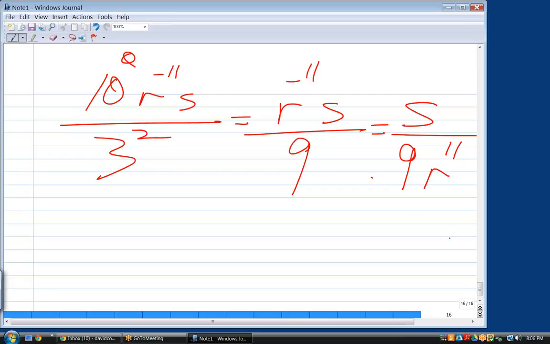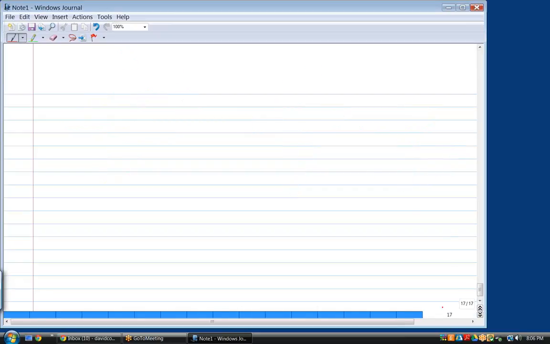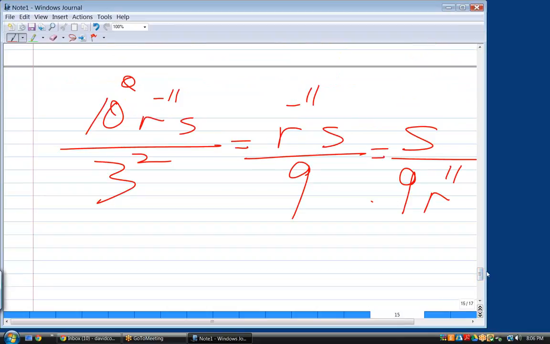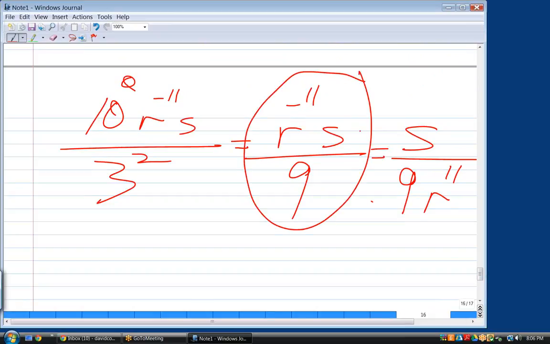But if it didn't say you have to write your answers in positive exponents, you could have left it at that. Yeah, there's nothing wrong with that. Well, I don't know about that. Math is kind of funny. It's kind of like having irrational denominators. That's a perfectly fine answer, but they don't want you to give irrational denominators.